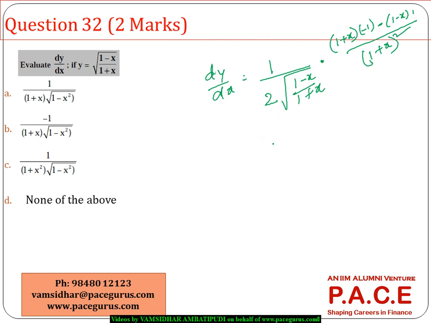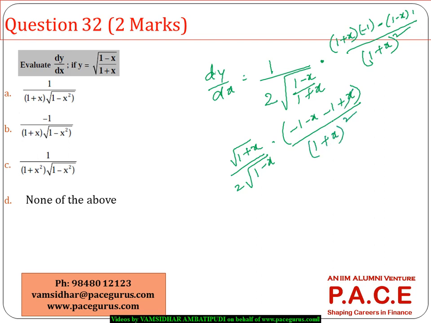So simplifying it, this becomes root of (1 plus x) by 2 into root of (1 minus x), and what about this numerator? Minus (1 minus x), and here also minus (1 plus x), divided by (1 plus x) whole square. Here x is going up, which is giving me minus 2.